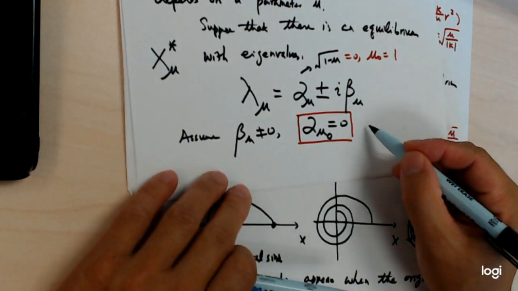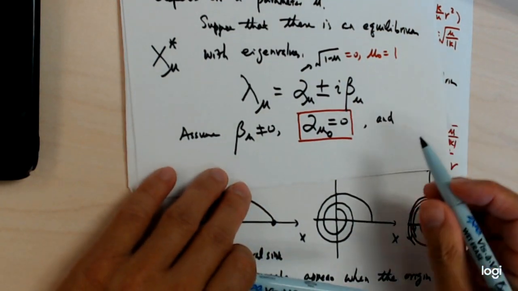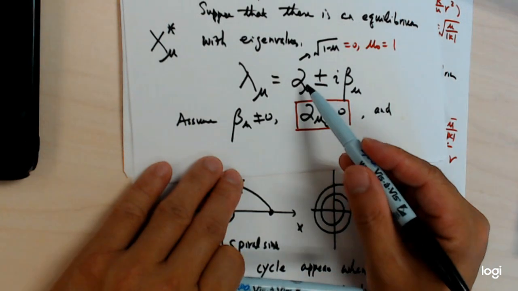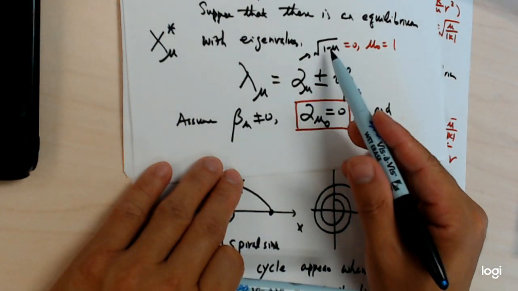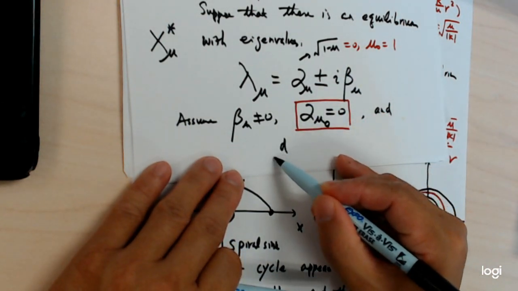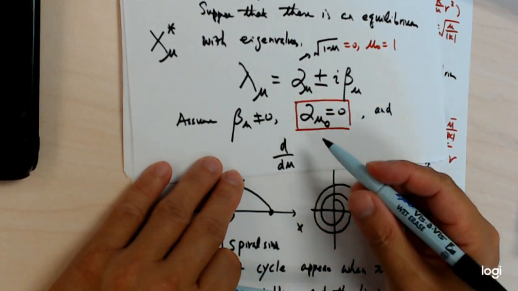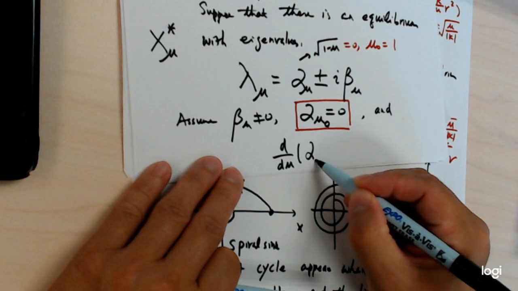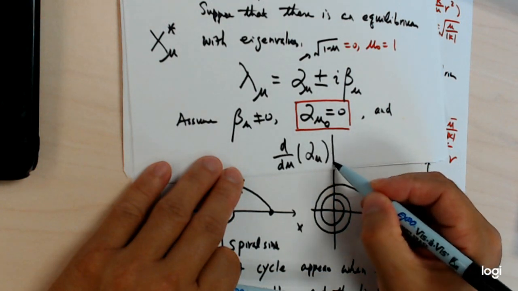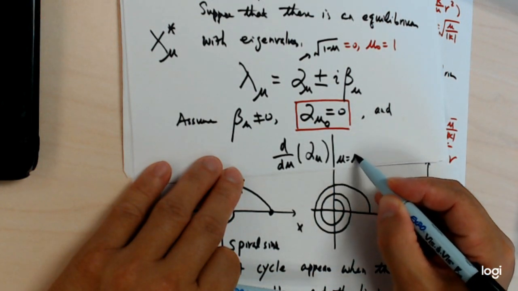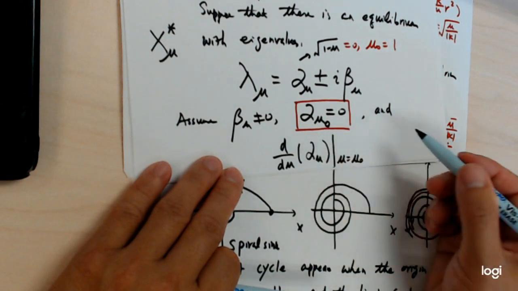And that's not enough. You must further show, alpha of mu is a function of mu, right? So you should be able to differentiate it with respect to mu, and you have to evaluate this at mu naught, at that critical point that you found.